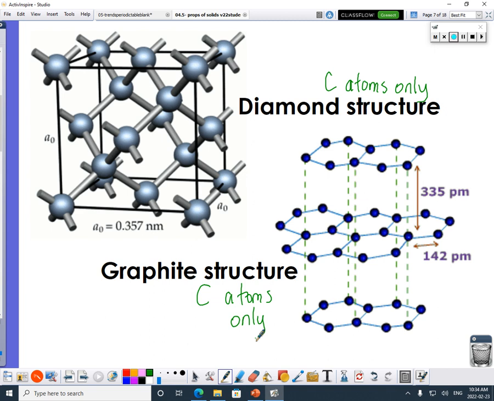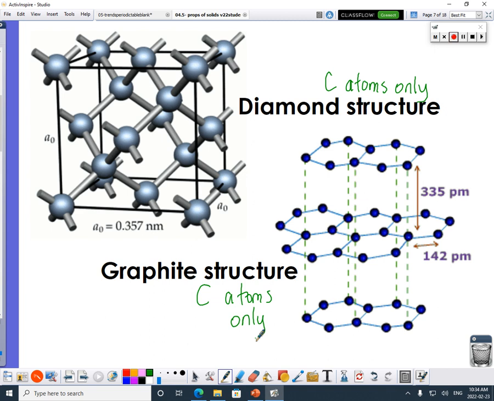Okay, so you can kind of see it's a bit like sheets or levels, but they have extra cross links. So yes, there is a repeating pattern, but you can see these extra cross links make diamond hard, the hardest substance on Earth.